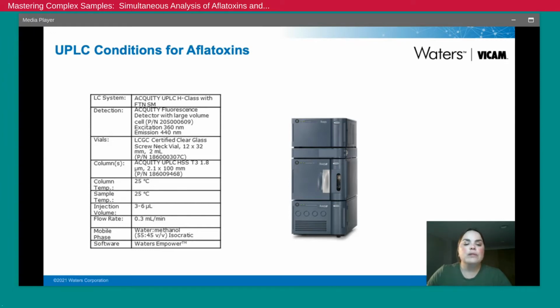The column that was used was a UPLC Acquity HSS T3 column. Column temp was 25 degrees, sample temperature was 25 degrees C. Injection volume was 3 to 6 microliters, and the flow rate was 0.3 mL a minute. The mobile phase was 55:45 water:methanol isocratic, and the software that was used for data reduction was Waters Empower software.